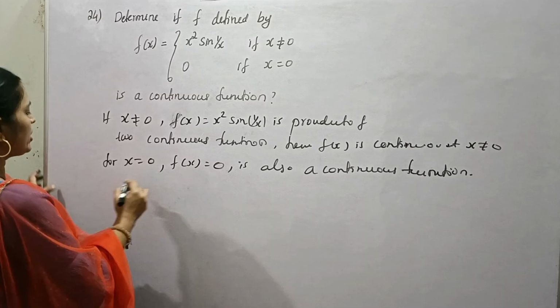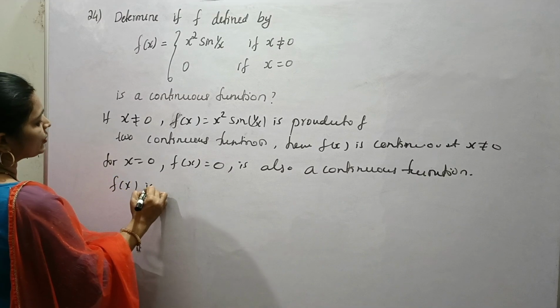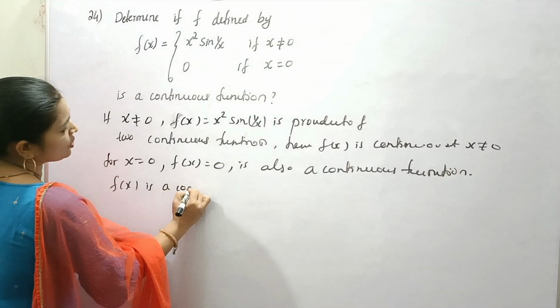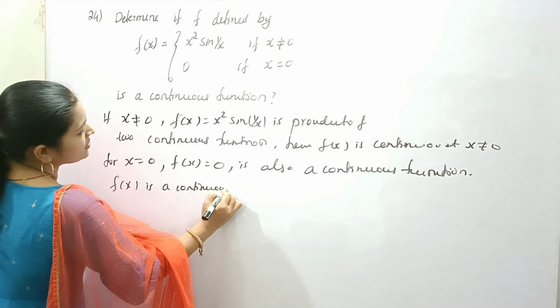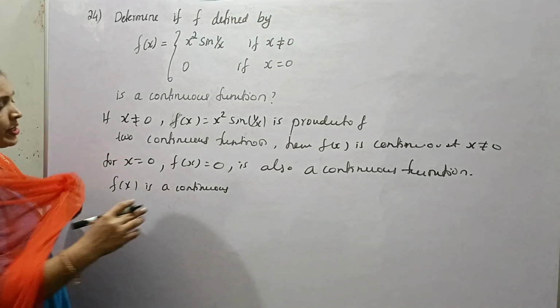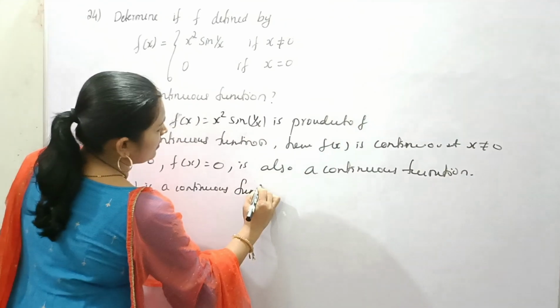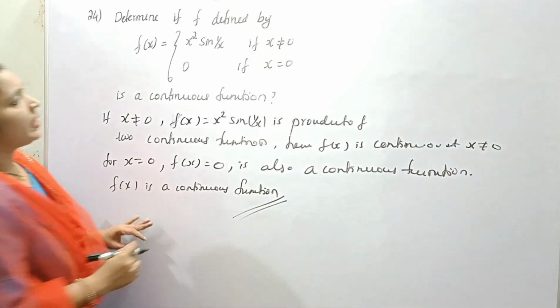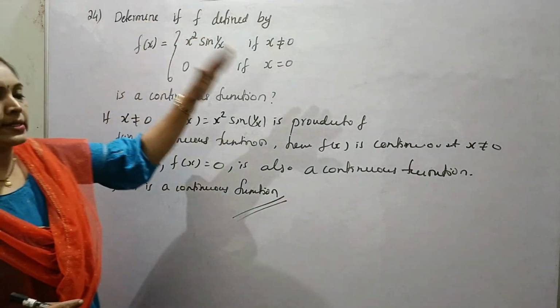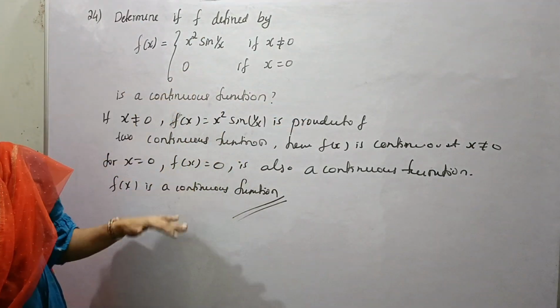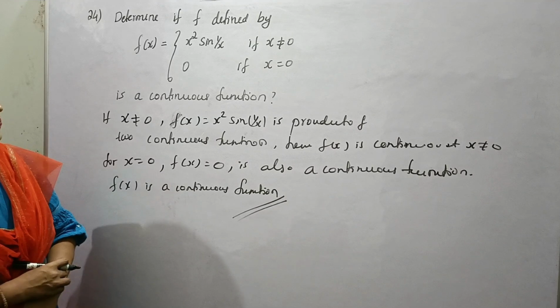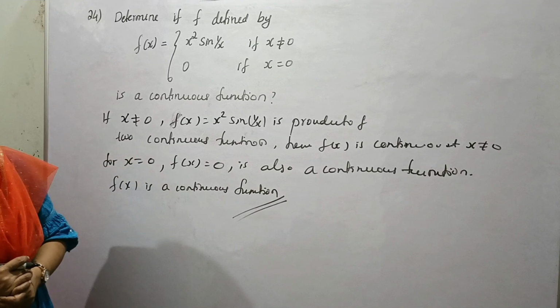Therefore, this function f of x is continuous at all the points. It is continuous at x not equal to 0 and x equal to 0. Therefore this given function is continuous.